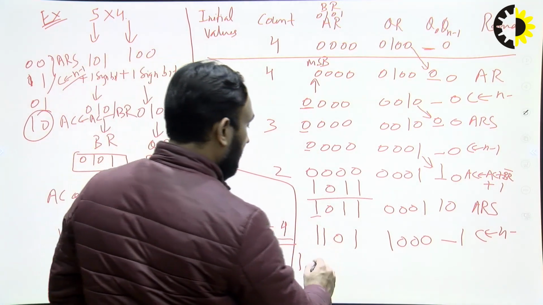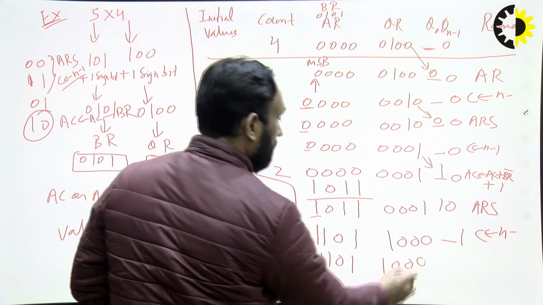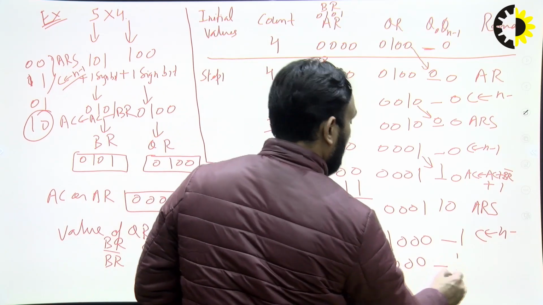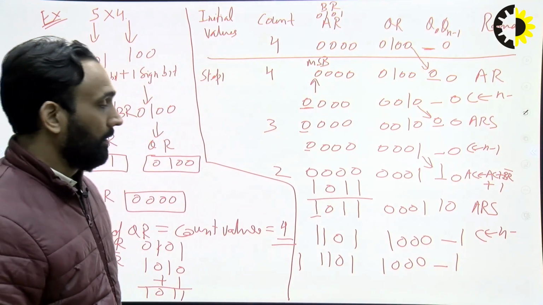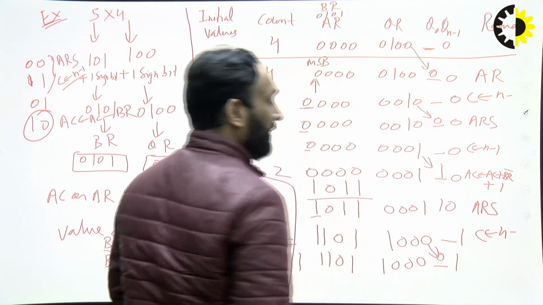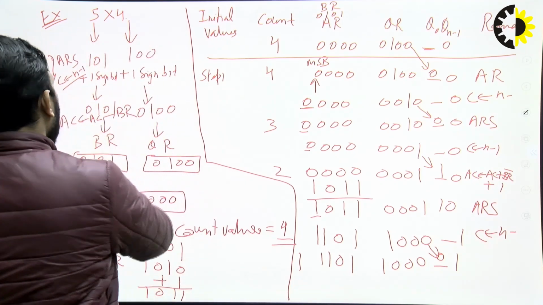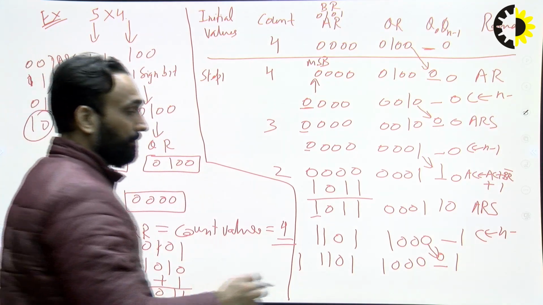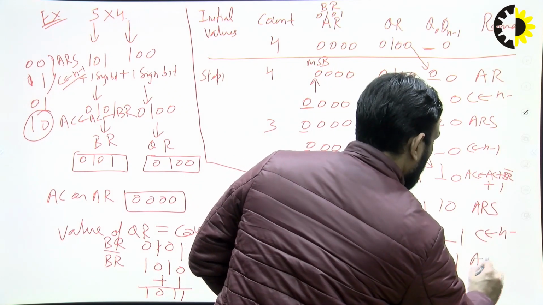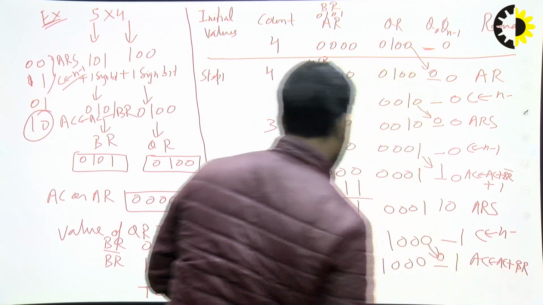Again drop down these values 1 1 0 1 1 0 0 0 dash 1, and the previous value here is 0. Make the combination of 0 1. At the combination of 0 1, we perform AC plus BR, AC tends to AC plus BR.